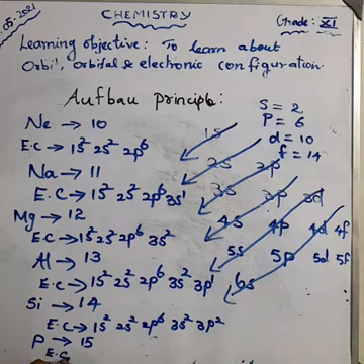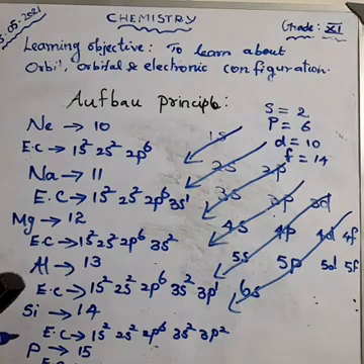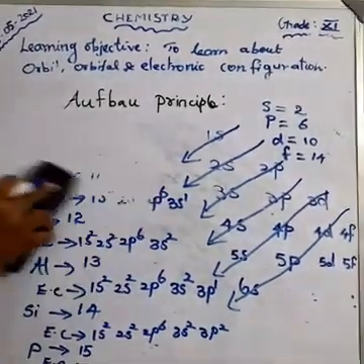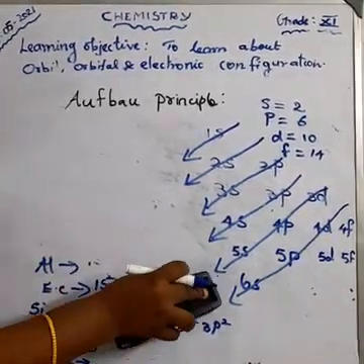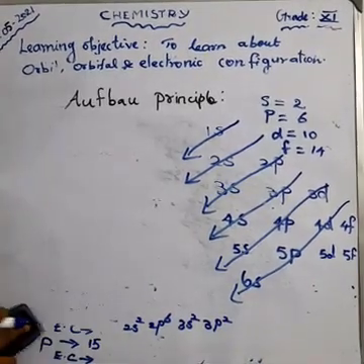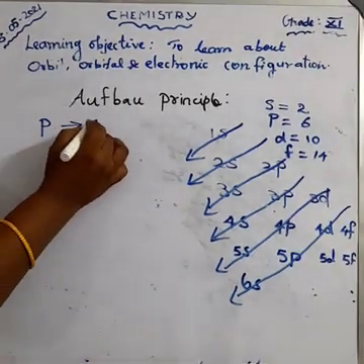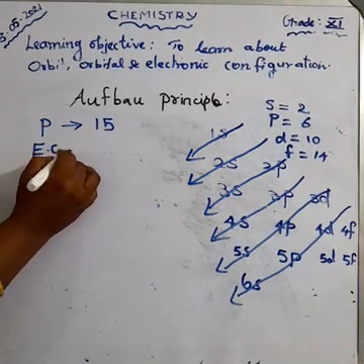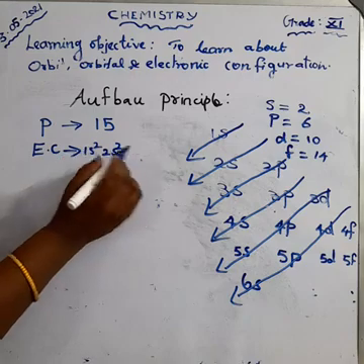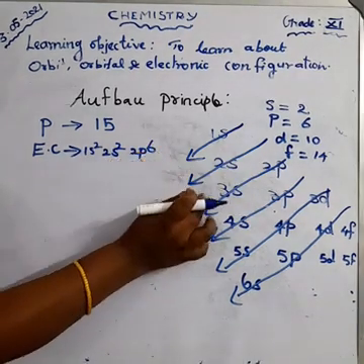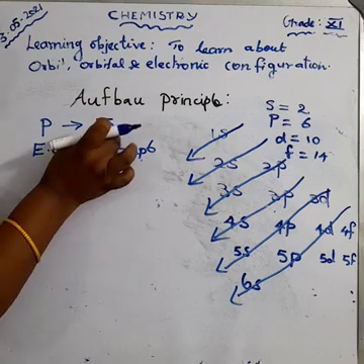So electronic configuration for phosphorus: first 1s2 and then 2s2, 4 electrons, and then 2p6 and then 3s2, totally 6 plus 2 is 8, 10 and 12 electrons, and the remaining 3 electrons are there.